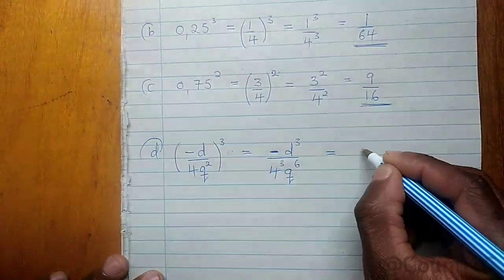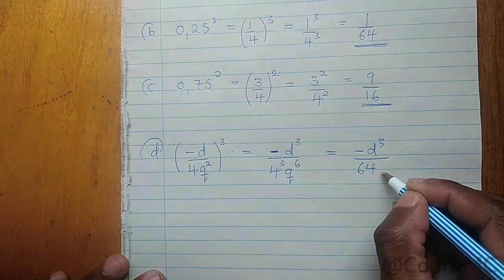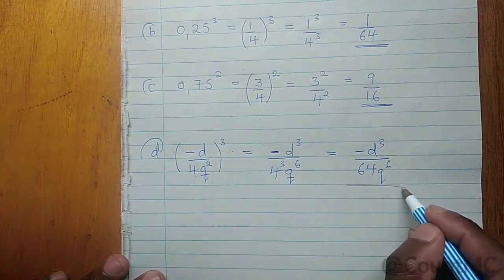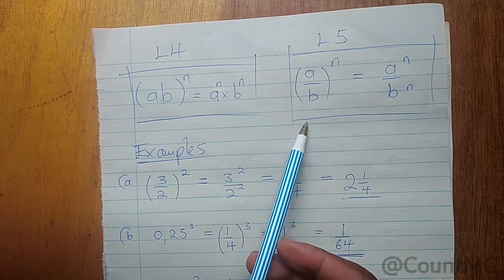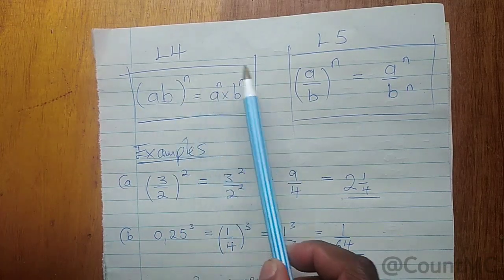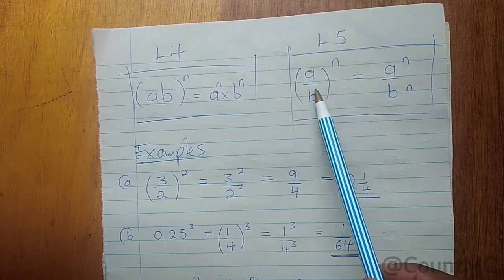You can further simplify it to 4 to the power 3, that's 64, q to the power 6. So that's how you apply this law, which is the same as this. You just distribute the power inside.